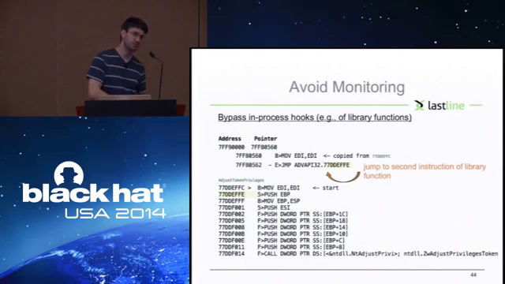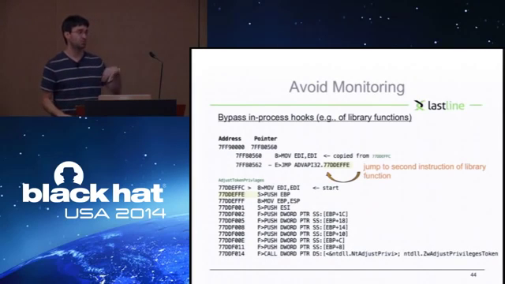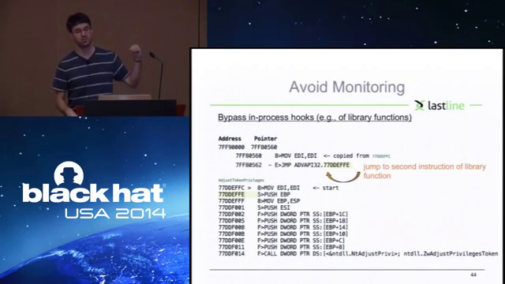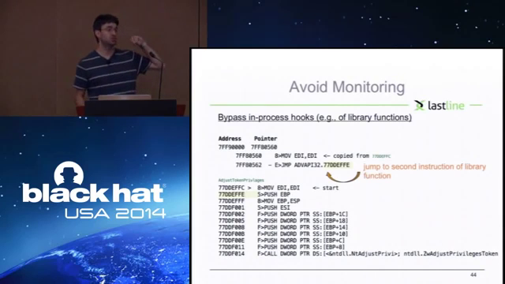Another classic that affects sandboxes that do hooking is hook bypassing. It's basically, instead of jumping to a function, here I think it would be AdjustTokenPrivileges, you're actually not jumping into the start of the function. You are basically copying parts of the function that this process would do before you actually jump there, so you execute a few instructions before, and then you jump into the middle of that function.